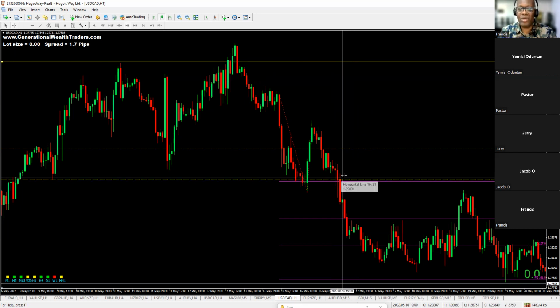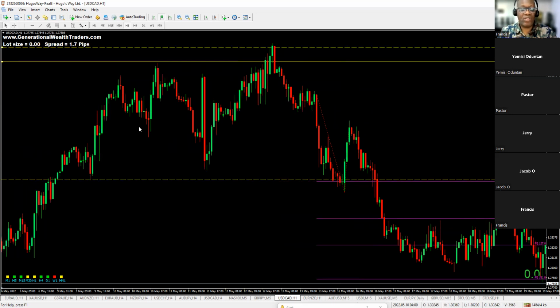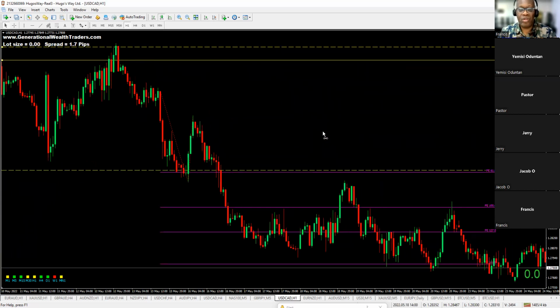Let's take this away. If you entered here, you can decide to place it just here. You can always find areas of support and resistance to use in determining where to place your stop loss. That's not so much what we're teaching today. We're not focusing on where to place your stop loss or entries. We are focusing on how to exit or where to exit.